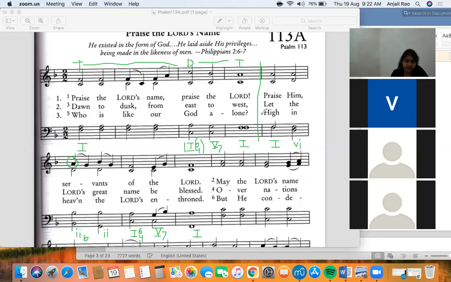Okay, now let's look at this second phrase here. Do you see here the tonic, predominant, dominant, tonic pattern? Okay, which chords would go in the tonic category? Anyone? 1 and 6. 1 and 6, thank you, Ruben.